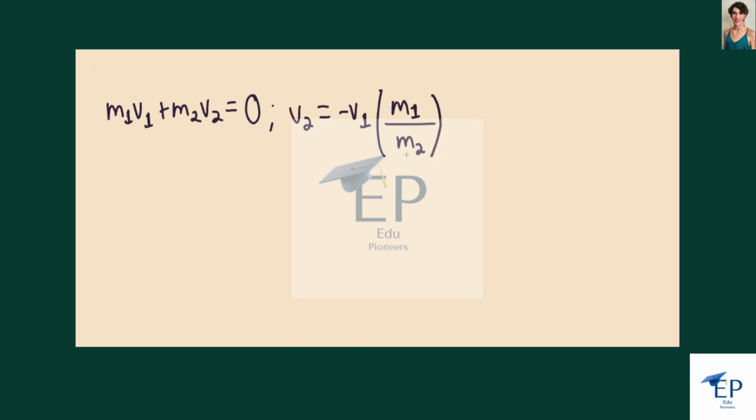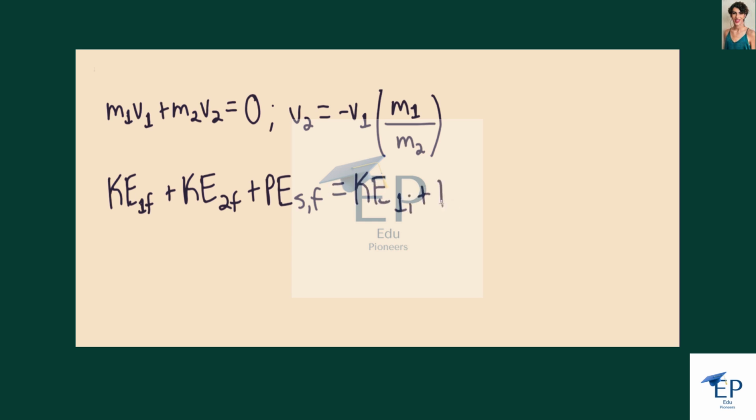And so we know that the surface is frictionless, and so we can apply the conservation of energy, where we can say the kinetic energy sub 1 final plus the kinetic energy sub 2 final plus the potential energy of the spring final is equaling kinetic energy sub 1 initial plus kinetic energy sub 2 initial, and then again plus the potential energy of the spring initial.